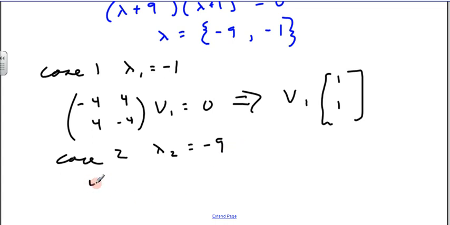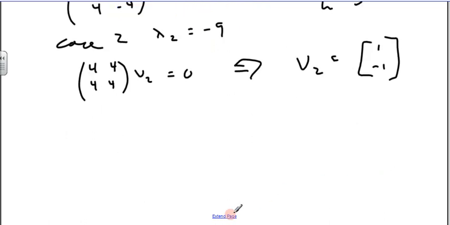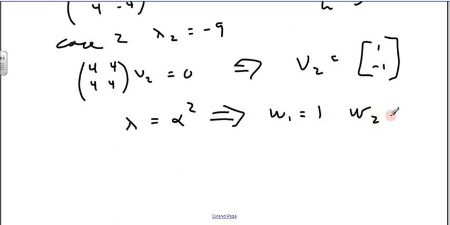And I end up with 4, 4, 4, 4 times V2 is equal to 0, which implies that V2 is equal to 1, minus 1. Okay? Now, lambda is equal to alpha squared, which implies that I have omega 1, which is going to be 1, and omega 2, which is going to be 3.